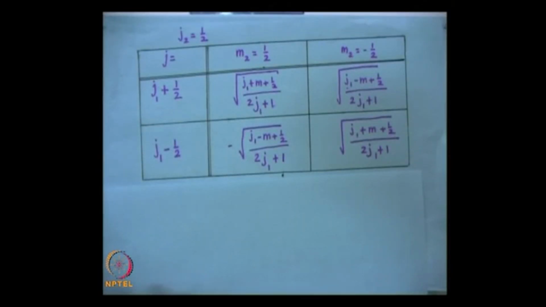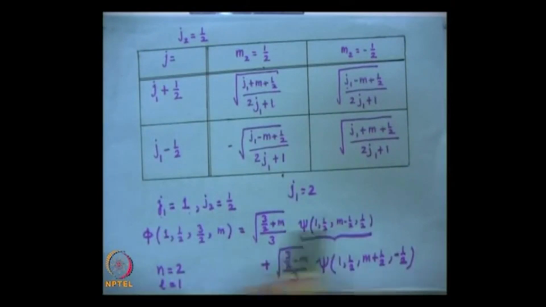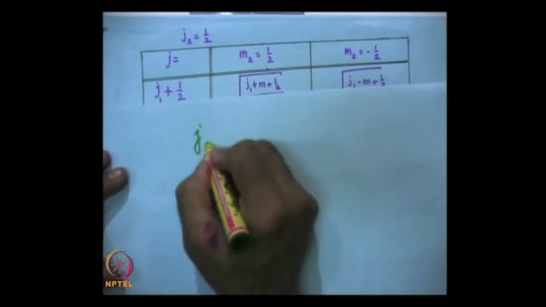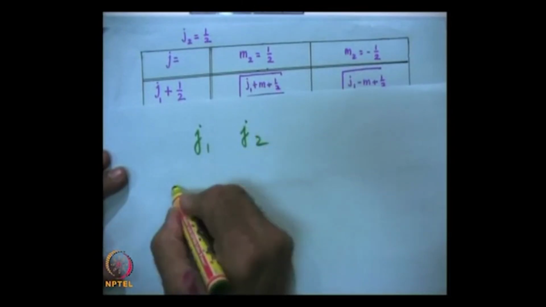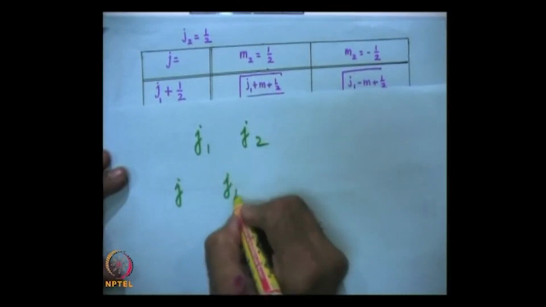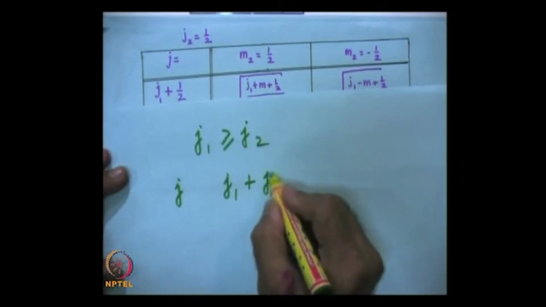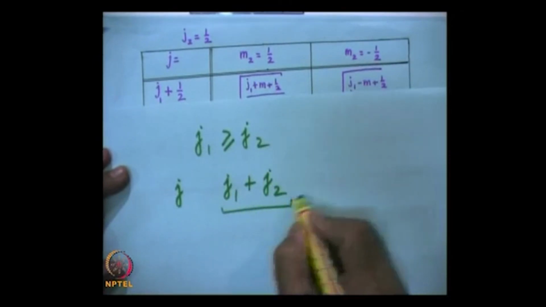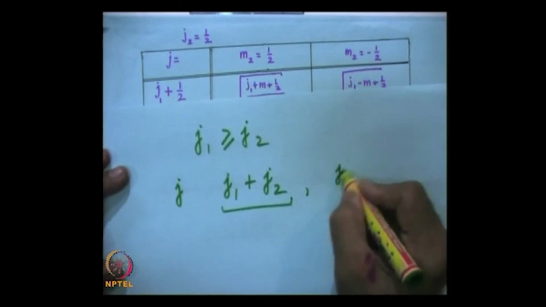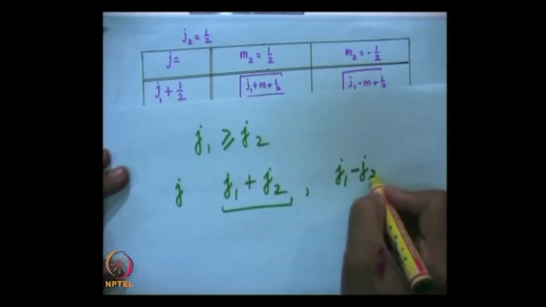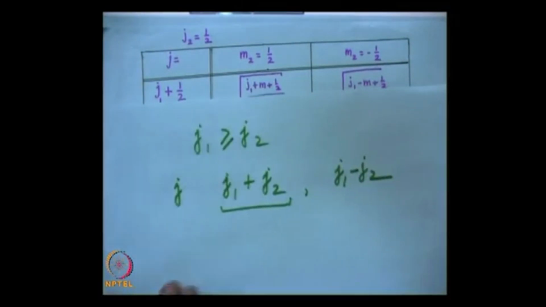The point that we should remember is that if j 1 and j 2, the value of j will go from j 1 plus j 2, I am assuming j 1 is greater than or equal to j 2, so j 1 plus j 2 in units of 1 to j 1 minus j 2. Okay.